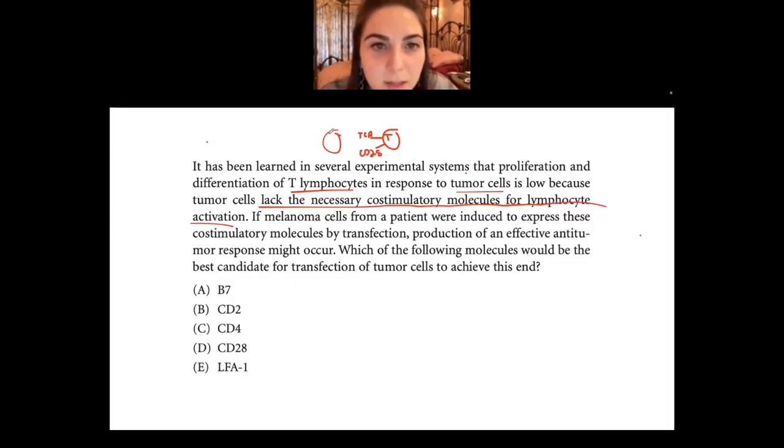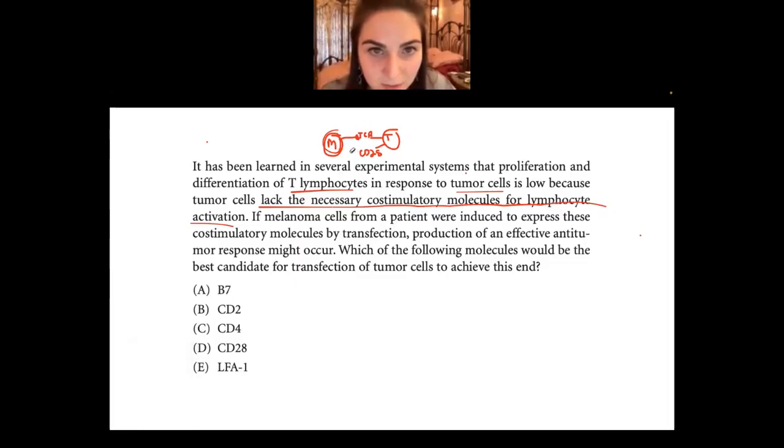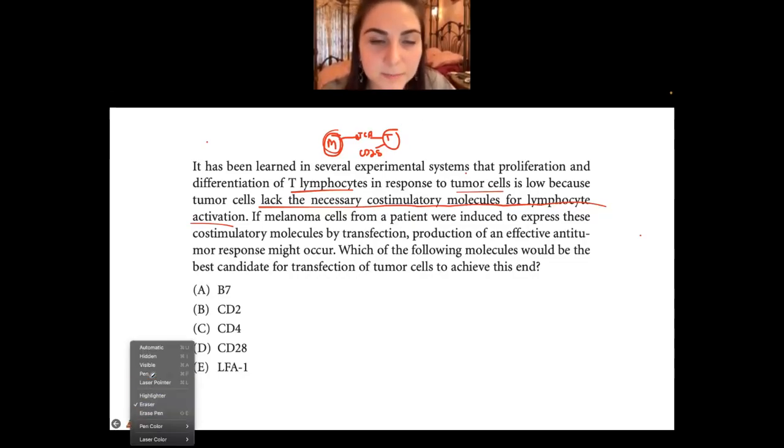Whatever it's trying to attack, it still needs to get signal 2 to get activated. So let's say this is your tumor cell, a melanoma cell. It's going to have some sort of antigen, and it's also going to have its co-stimulatory signal. They're saying here this is lacking the co-stimulatory signal, so this T cell is not properly getting activated.